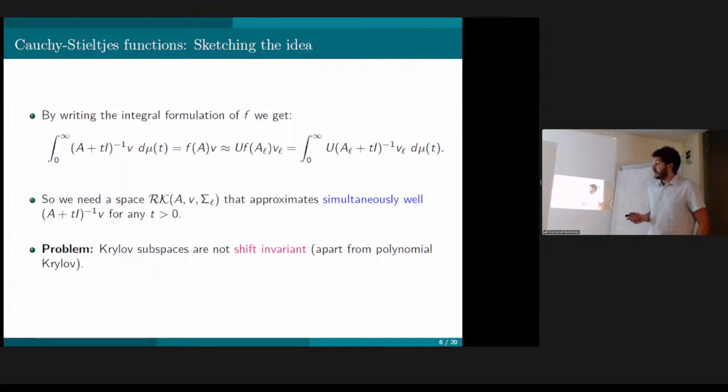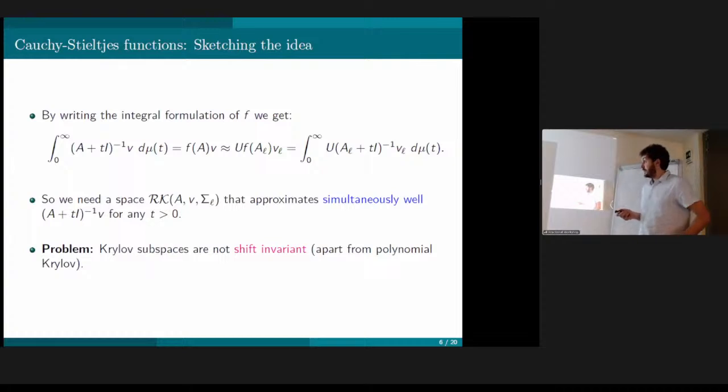And this should shed some light on what is the property that you're looking for. So in particular, this integral is a good approximation of this integral if the integrand is well approximated. So you need to approximate all these resolvents, as t varies, uniformly well in your space. So this is basically the property you are looking for.